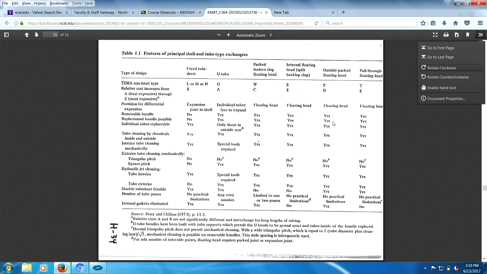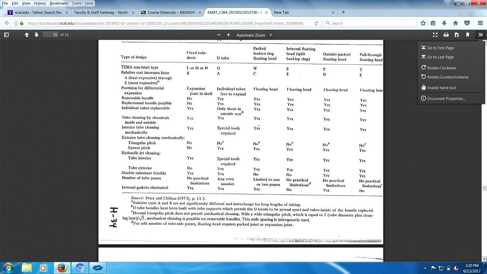So you have various yes-nos going on. So you're comparing designs here, folks. You guys probably thought that designing heat exchangers was one time and done, huh? No. Various exchangers for various types of jobs.